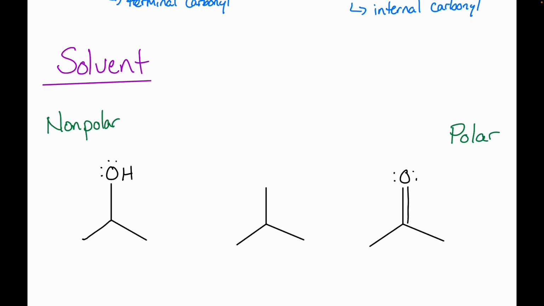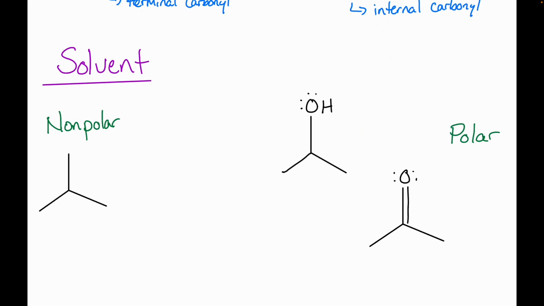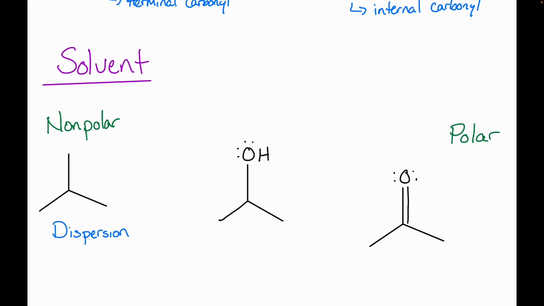The alcohol, the alkane, or the ketone? The alkane, right? So alkanes are going to be the most nonpolar. Remember, we talked about how this is a result of these intermolecular interactions. These ones only have these very weak dispersion forces available.